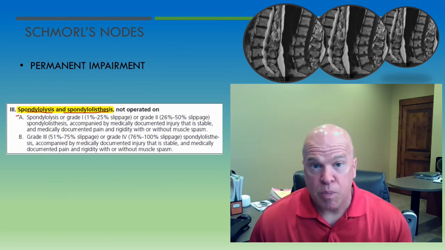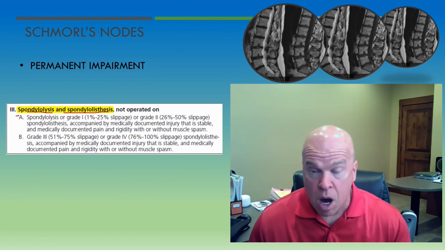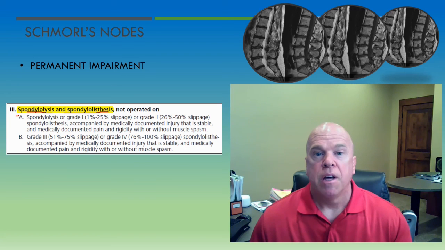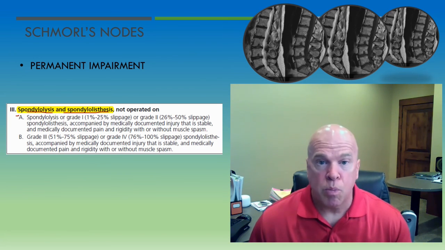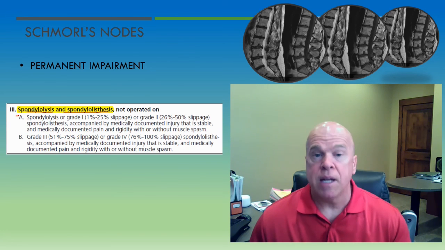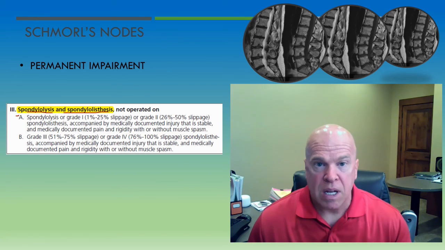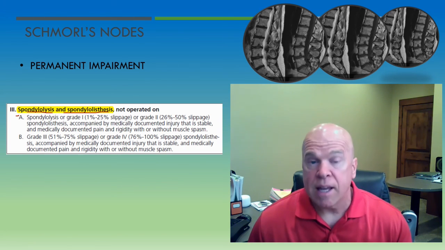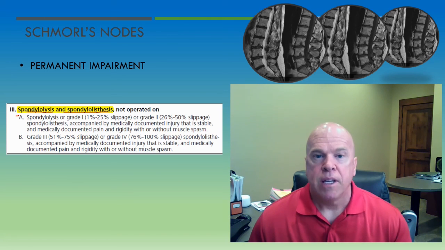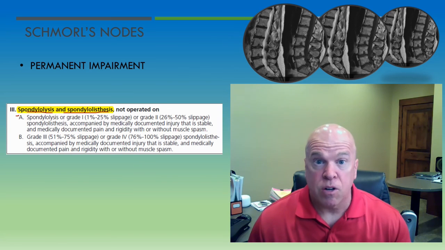Or it may be your opinion that the industrial injury actually caused the vertebral end plate fracture and herniation of the nucleus pulposus into the adjacent vertebral body. And it may be your opinion that this was the direct result of the industrial injury, for which 100% of the permanent impairment is due to the industrial injury and 0% is due to other factors.